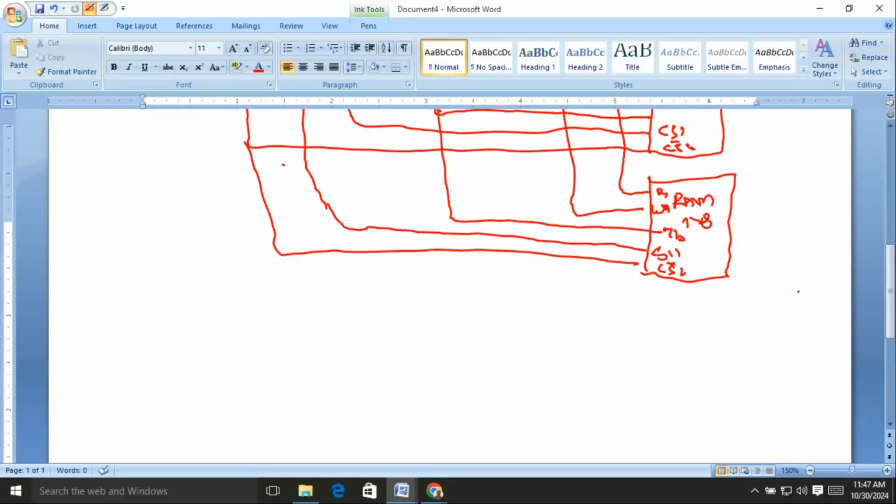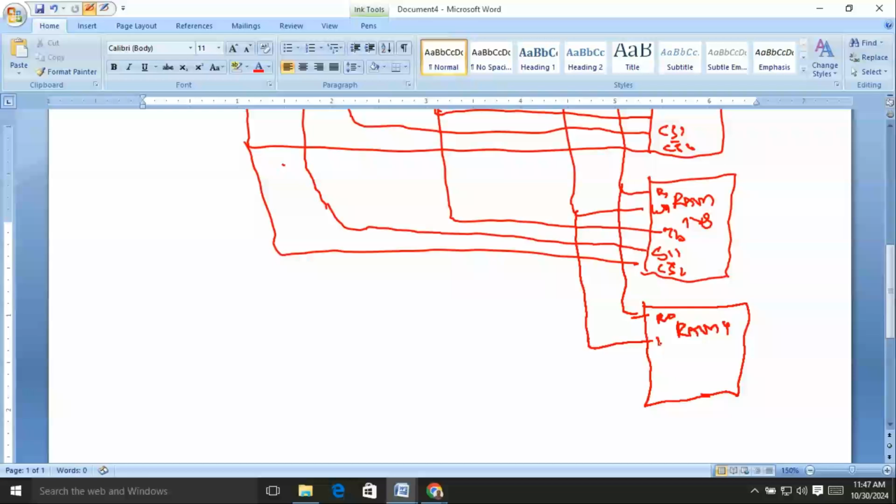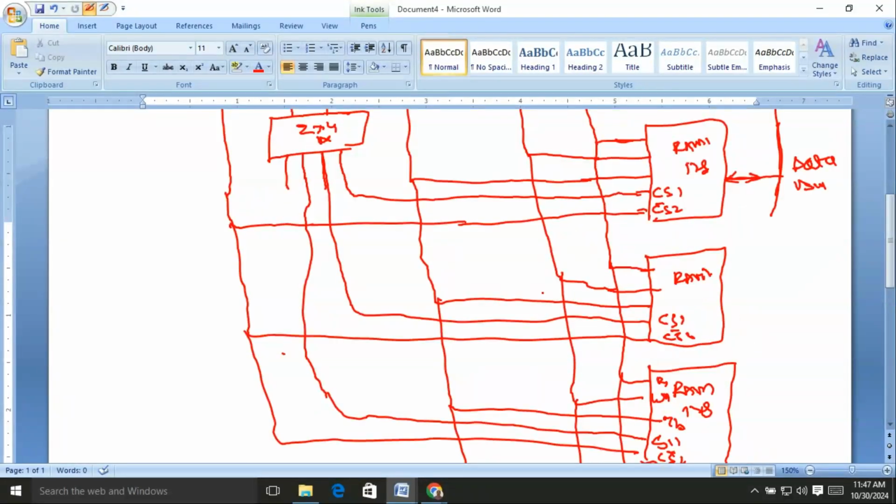Again, this is the fourth RAM chip. Its capacity is also 128 bytes. This is the read signal RD, and this is the write signal WR, and this is the 7-bit address lines, AD 1 to 7 bits. This is the CS1, the last output of the 2 by 4 decoder.